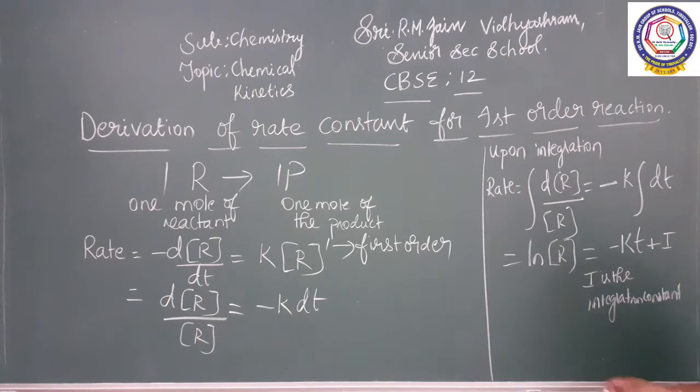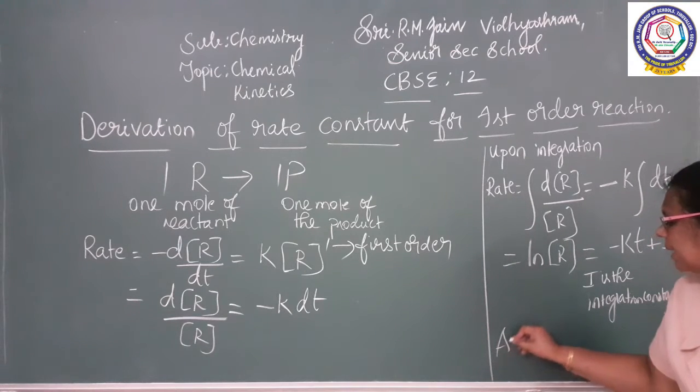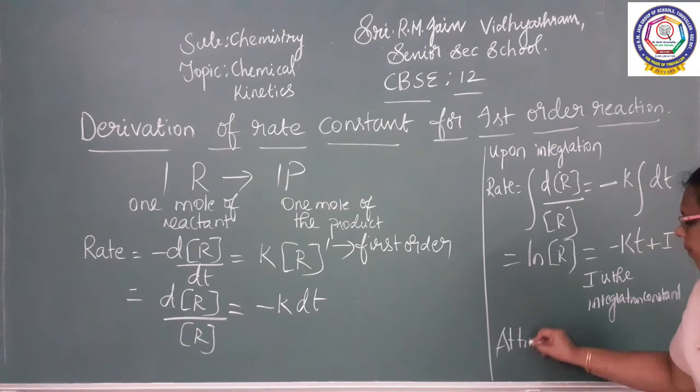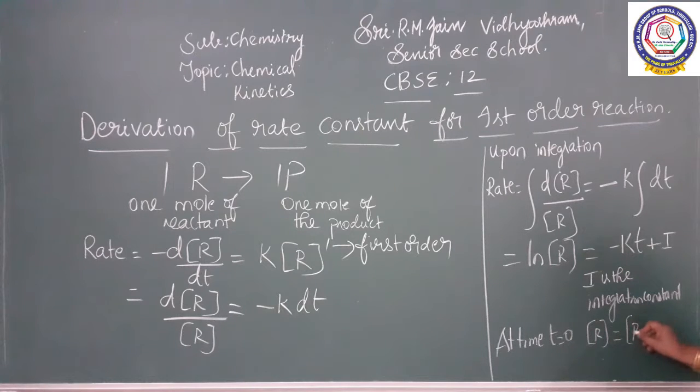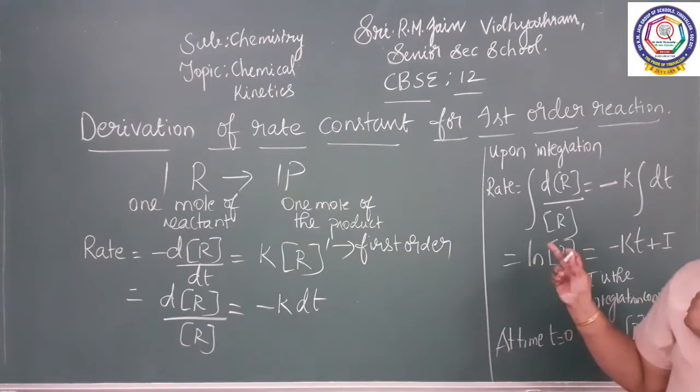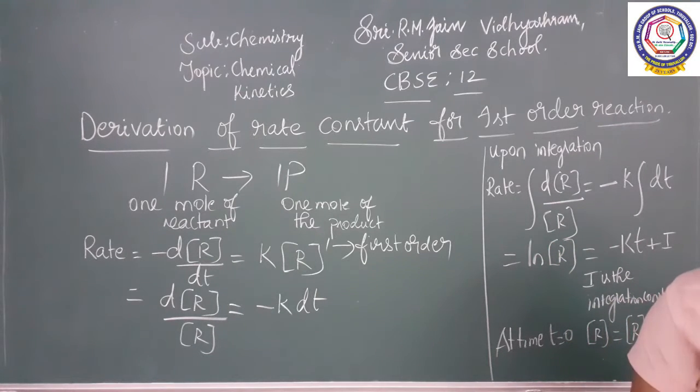And what we are going to do? At time t is equal to 0, R is equal to R naught. At time t is equal to 0, substitute R is equal to R naught in the above equation.